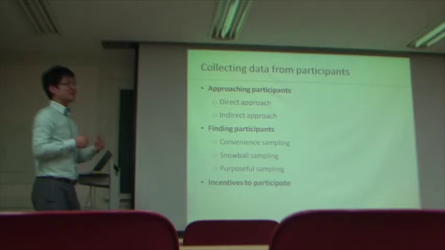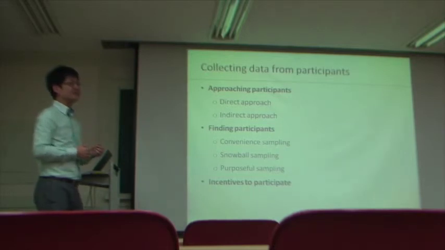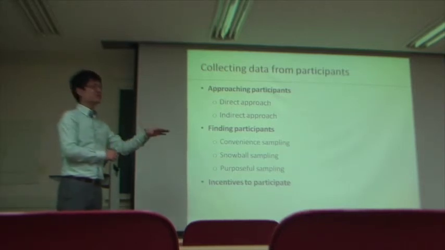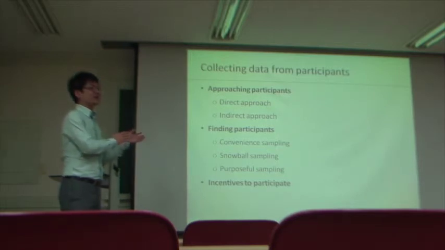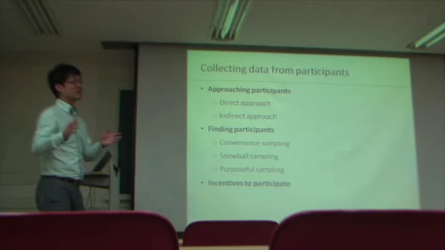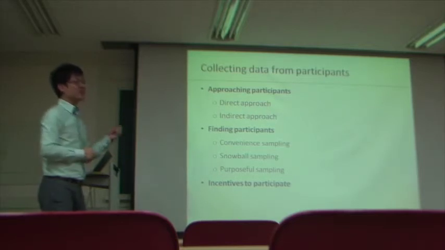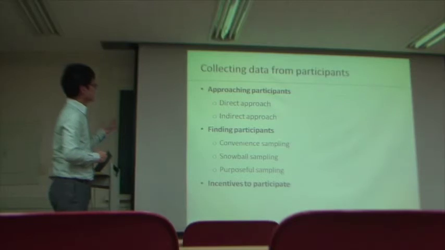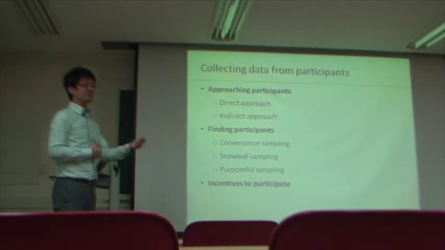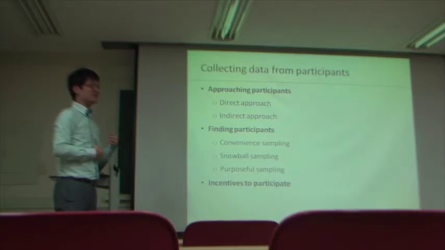You just provide the type of users you're looking for, how many, the age range, gender, and their specific user or customer characteristics. That company will try to find people for you. That will be considered an indirect approach. And for a direct approach, we researchers and designers will approach our participants by telephone or face-to-face.